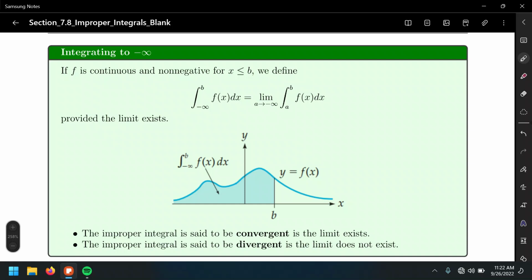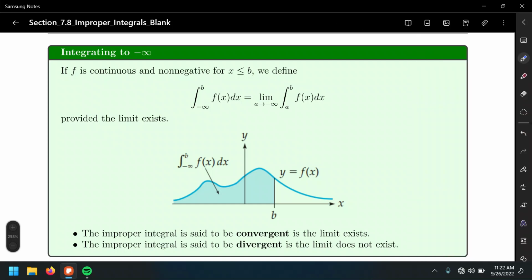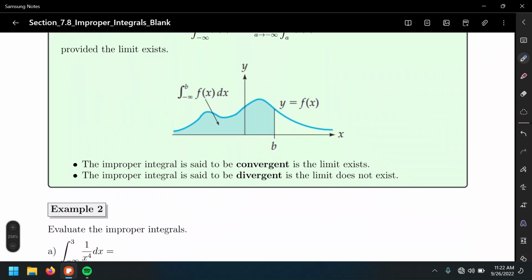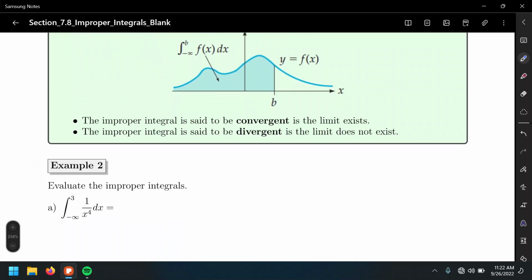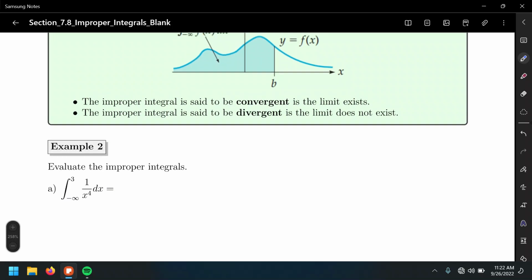Everything else will be the same. If we get a finite value, the limit exists, and the integral converges. Otherwise, if the final answer to the limit is infinity or does not exist, then the integral is said to be divergent. All right.